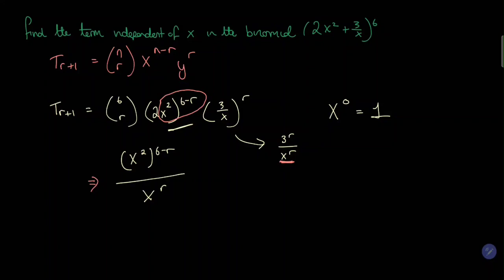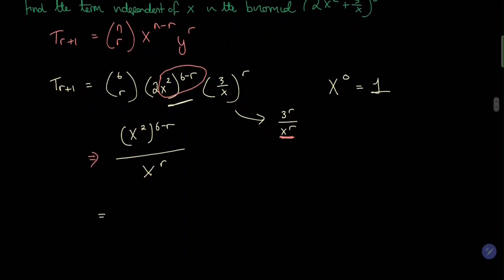So if you work that out, that's going to turn into x to the power of 12 minus 2r over x to the power of r, which is then going to turn into x to the power of 12 minus 2r minus r, which is going to be x to the power of 12 minus 3r on top.